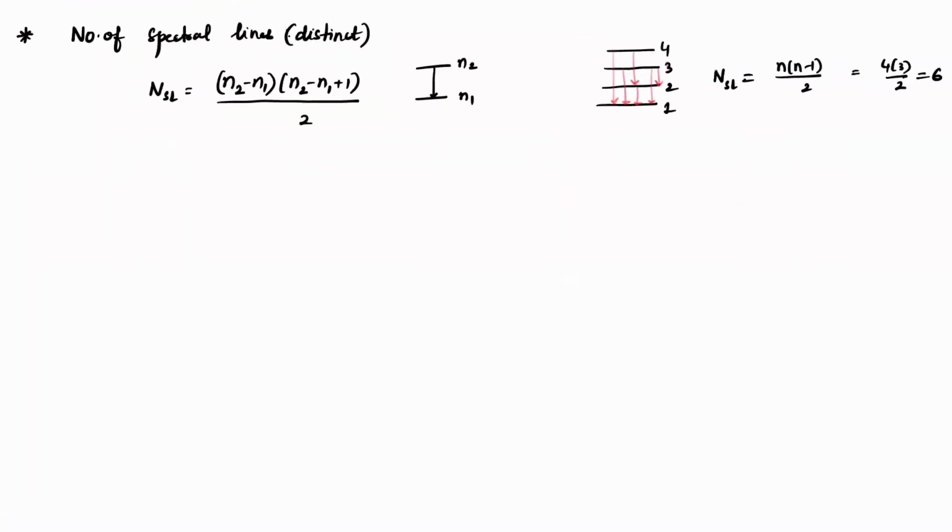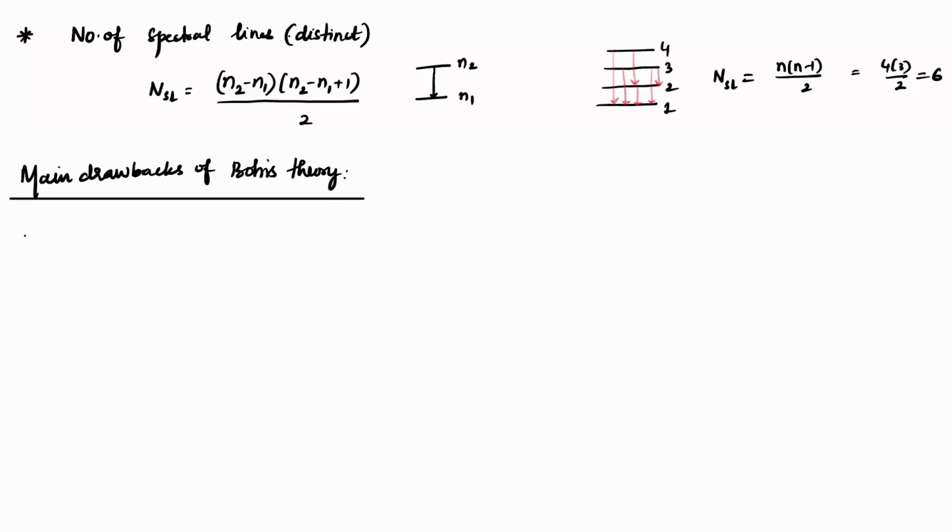Okay. Main drawbacks of Bohr's model or Bohr's theory. The first one is splitting of spectral lines.